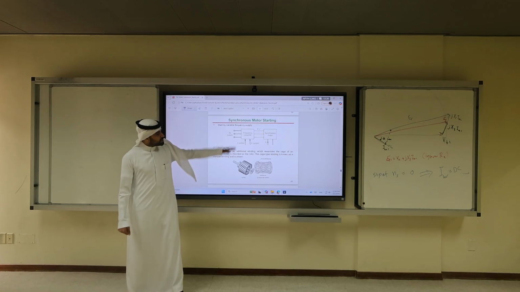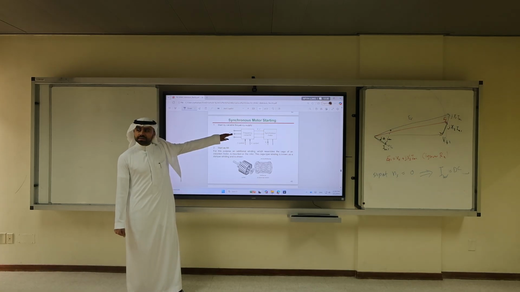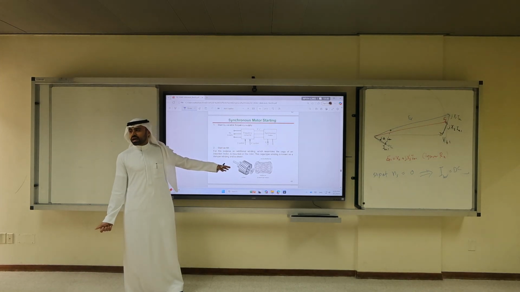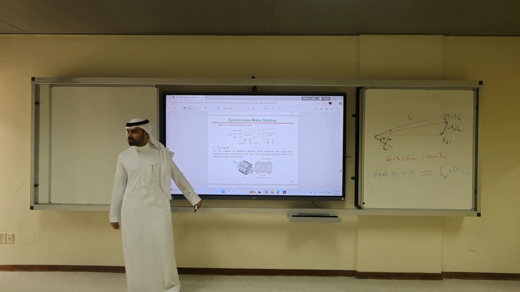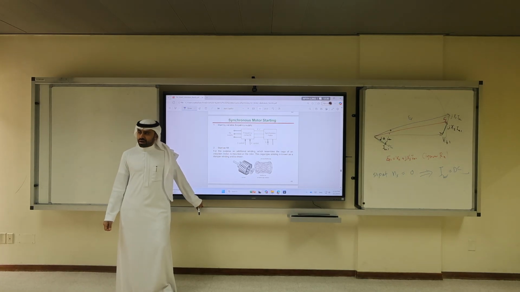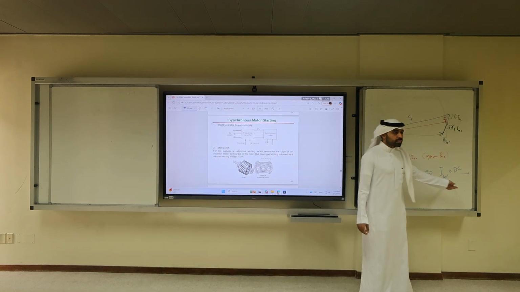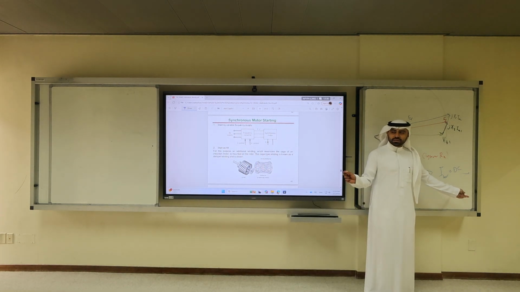Which one is more expensive? You buy power electronics or you buy a squirrel cage made of aluminum? Now what are the downsides? It will add weight to the motor. Also there might be some minor losses at slip 0, small current.